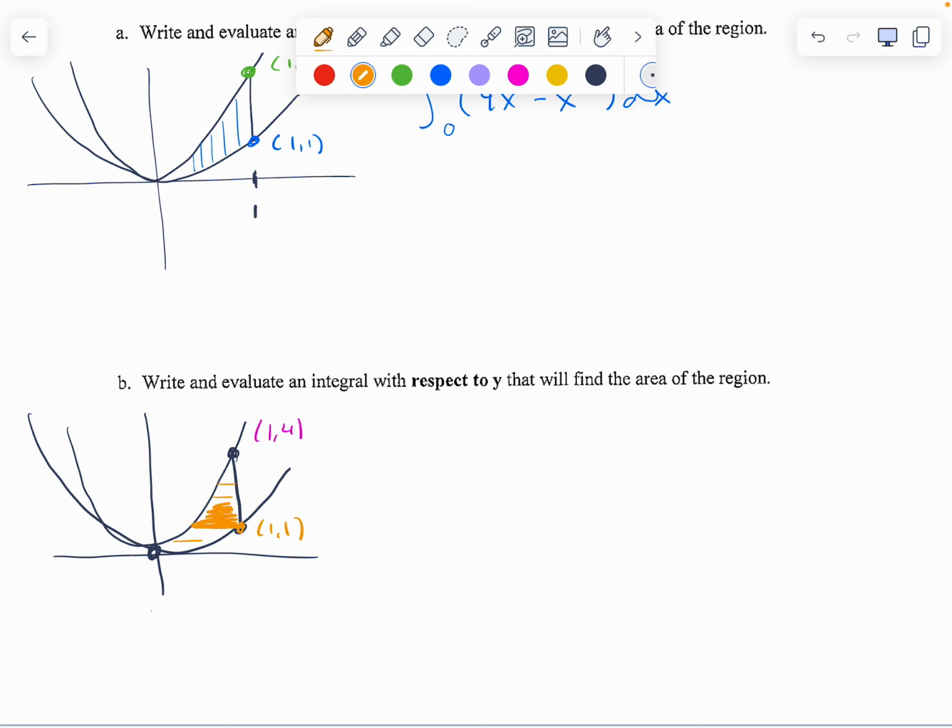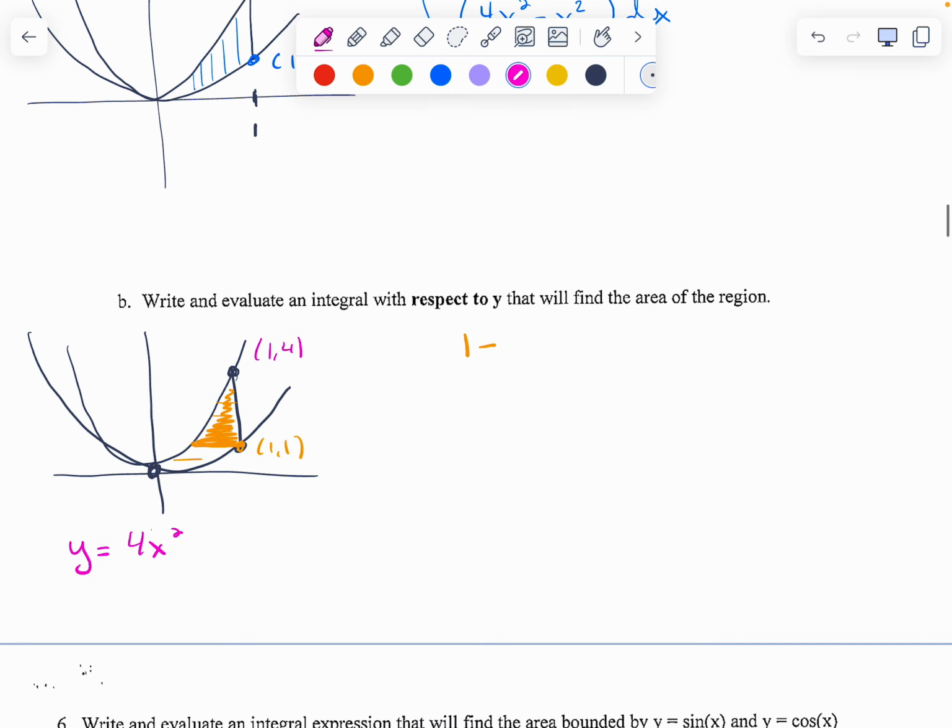For this section, I'm doing x equals 1 minus my upper curve where y is, stand by, y equals 4x squared. Quick, solve it for x.